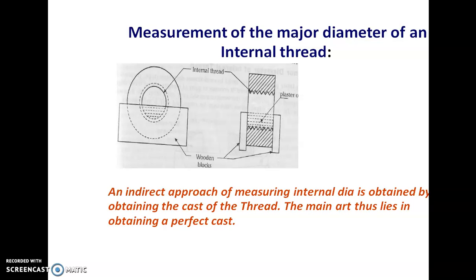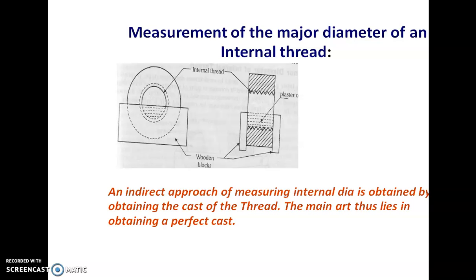Next, measurement of the major diameter of an internal thread. It is very difficult to measure the major diameter of the internal thread because we have to measure at the root of the internal thread. For this, wax or any other material is inserted into the thread, and a perfect cast is obtained.